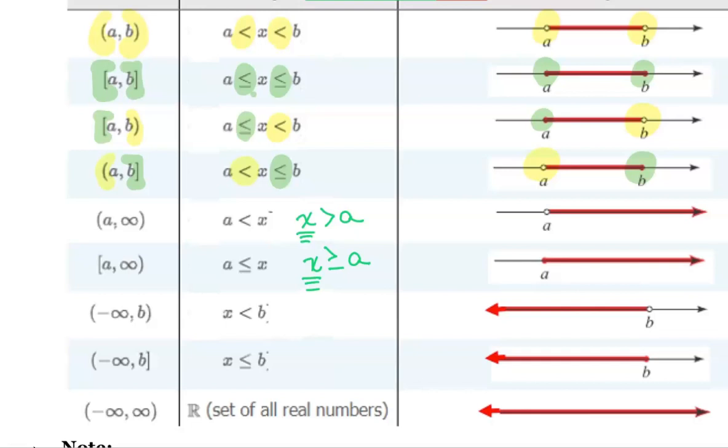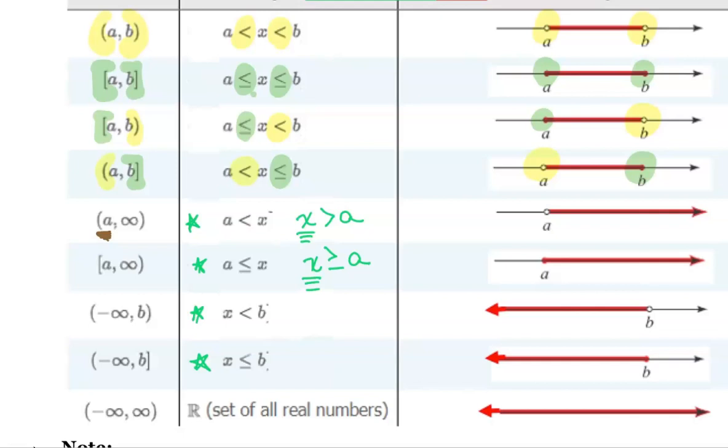Okay, for these four, I find these are problems for many students. So don't be that student. So let's see if we can figure it out this time. It says a is less than x. Okay, so, excuse me, it says x is greater than a. That means that I'm going to start my interval at a and keep going bigger.